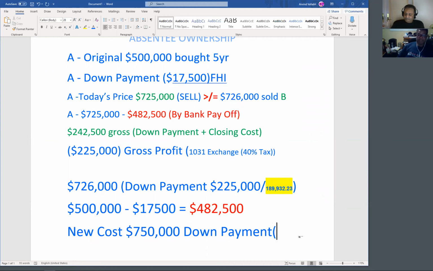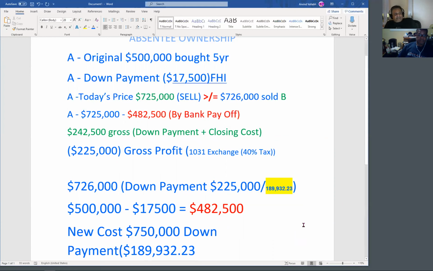That's right. So the profit is how much? How much is his profit? Right there in the yellow. 189,932.23. The small chump change, you don't have to 100% worry about it, but that's what you need to take in. Yes, sir.